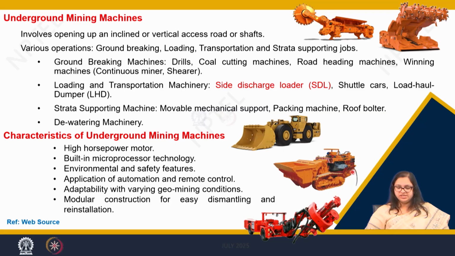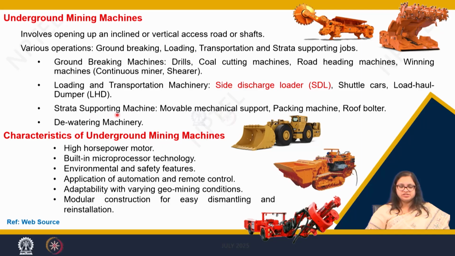However, if you see this machine, we call it a side discharge loader, which is crawler mounted, which gives us the benefit of doing the transporting operation in higher gradient, and it would discharge sideways.